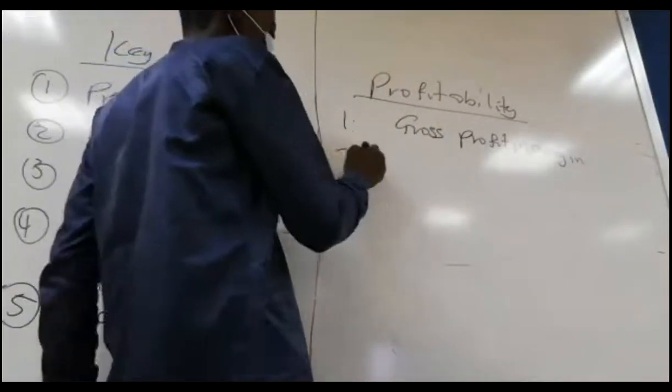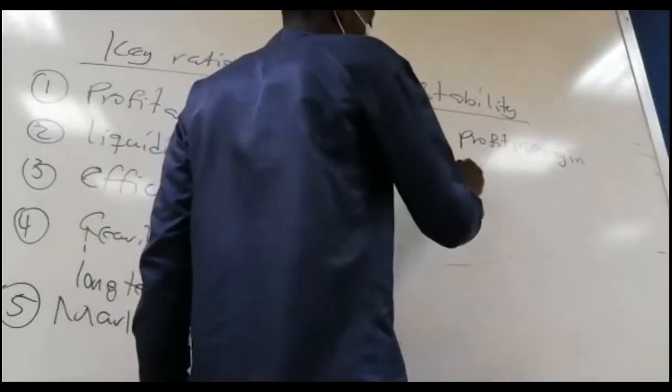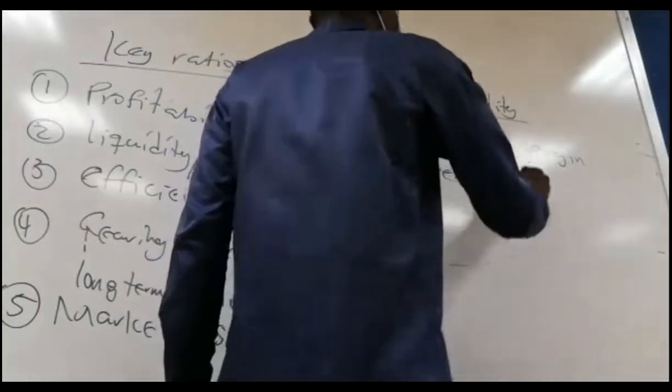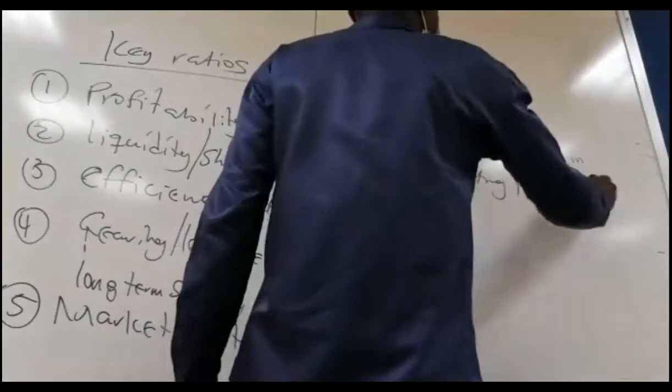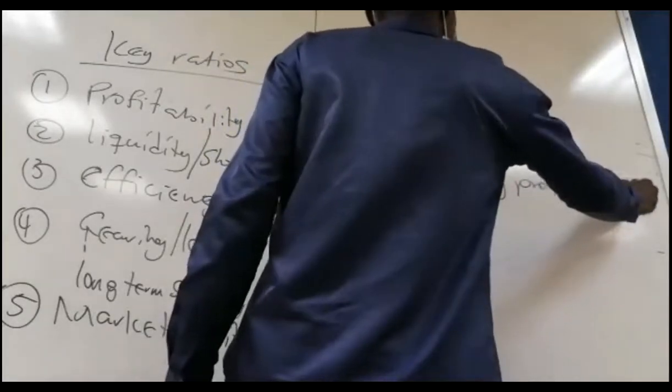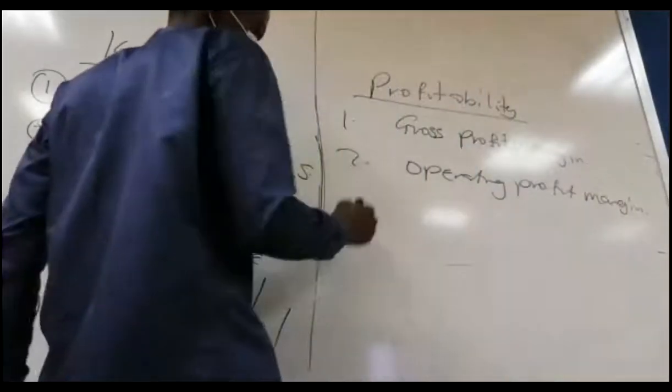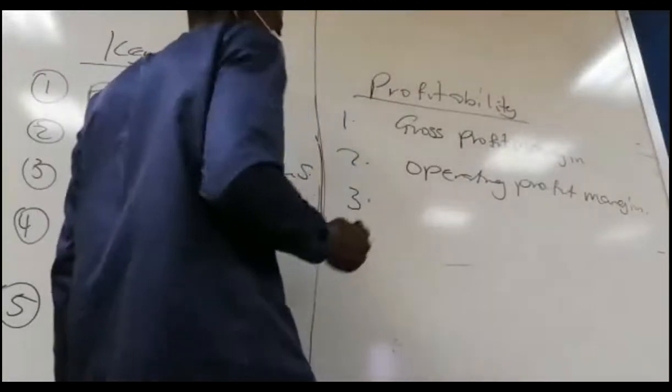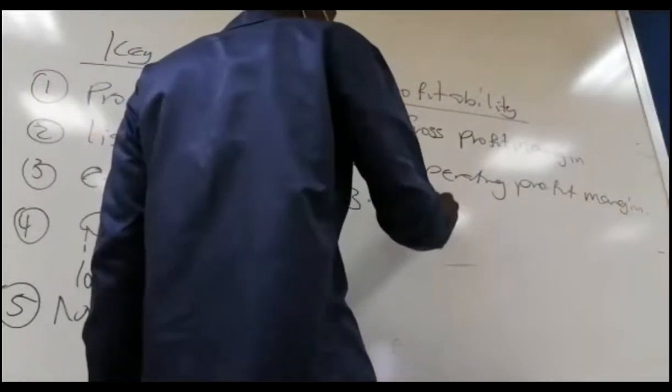So the next one is operating profit margin. Then the third one is net profit margin.